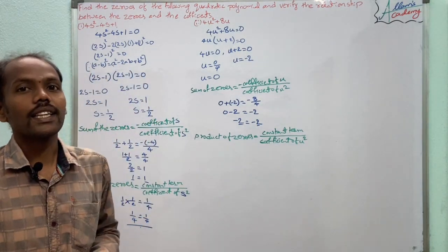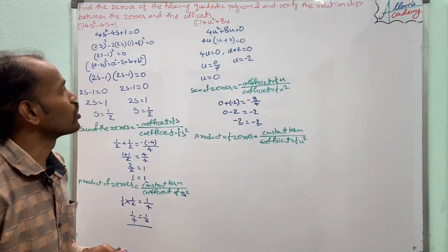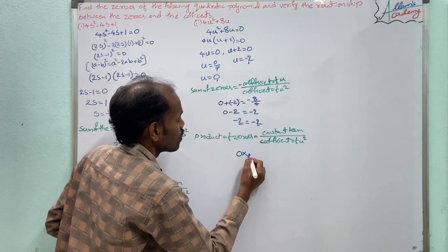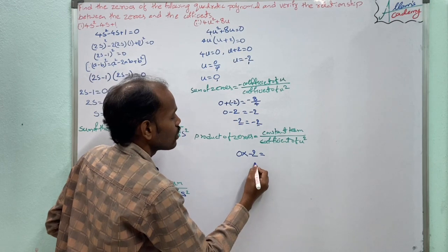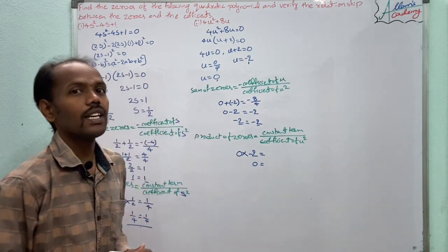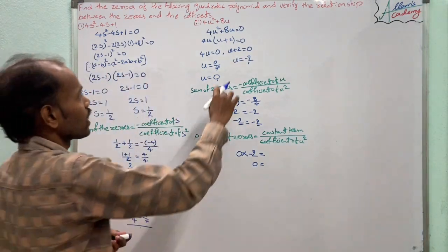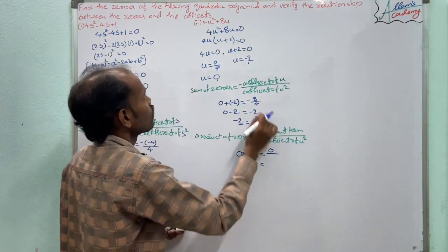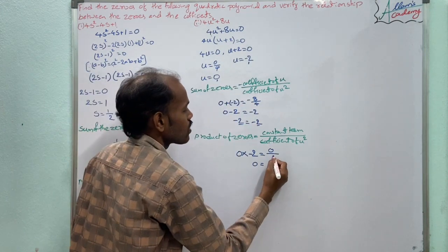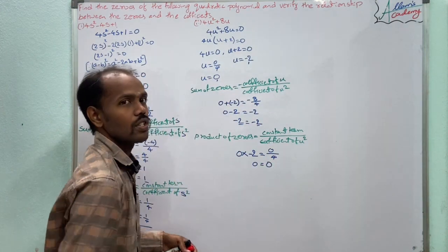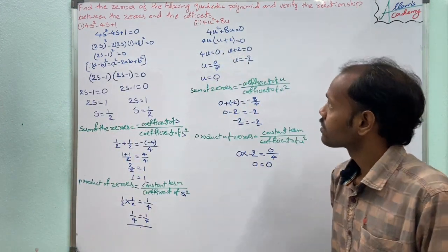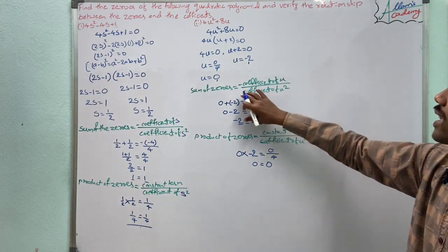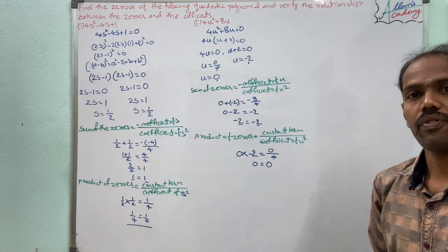So here the zeros are 0 and minus 2, so the product is 0 into minus 2, 0 into minus 2 means 0 only, and here constant term, there is no constant term, so that is 0 by u square coefficient, that is 4, 0 by 4 means 0 only. So here also the relationship between zeros and coefficients is satisfied.